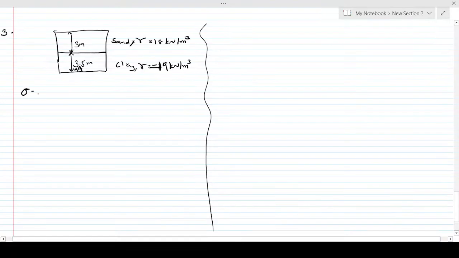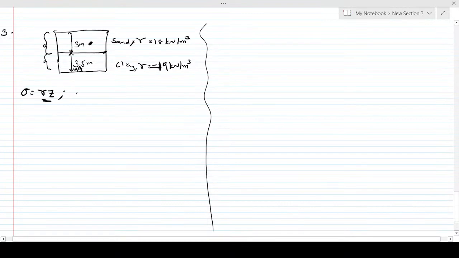We know that the vertical stress is simply gamma z. We've been doing this for quite a long time. So we simply have the vertical stress over this side plus the vertical stress over here. The formula is unit weight times z, the unit weight of the soil times the depth of the soil.